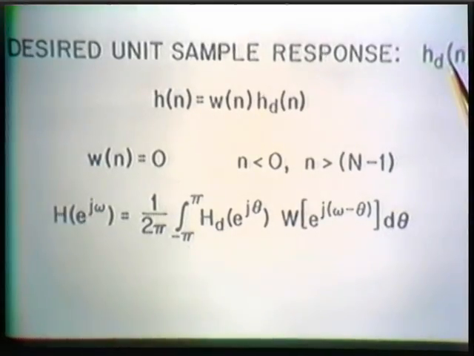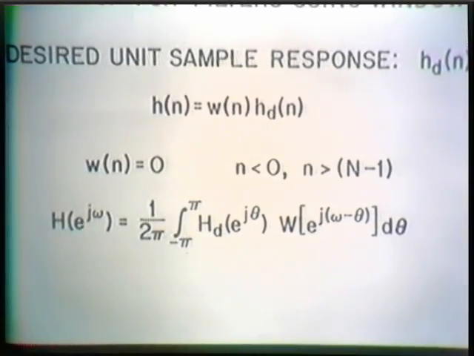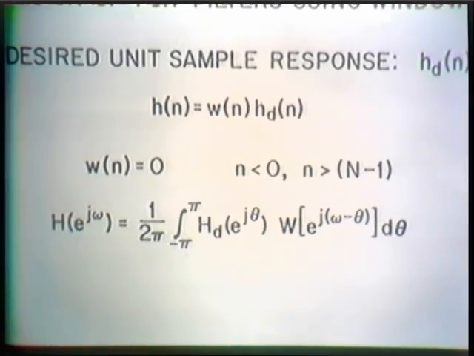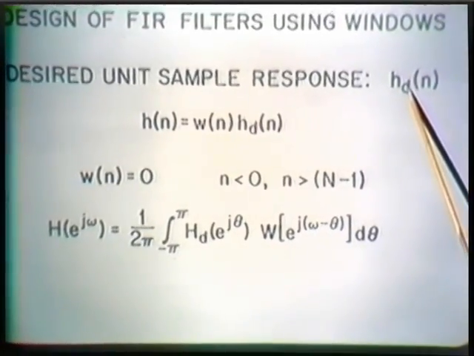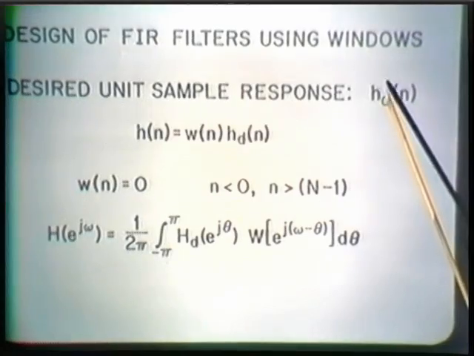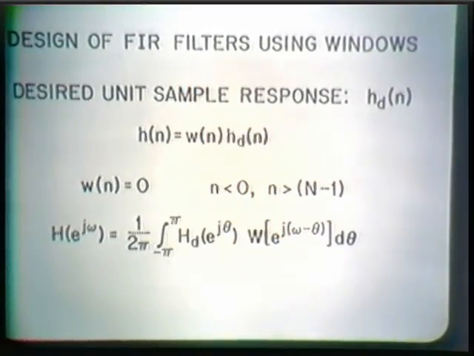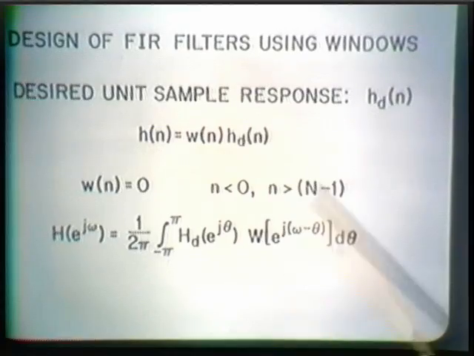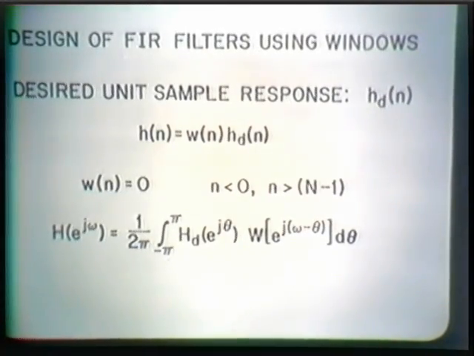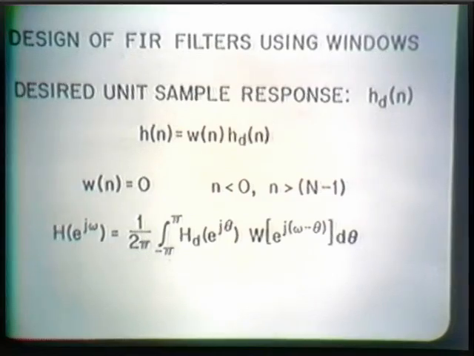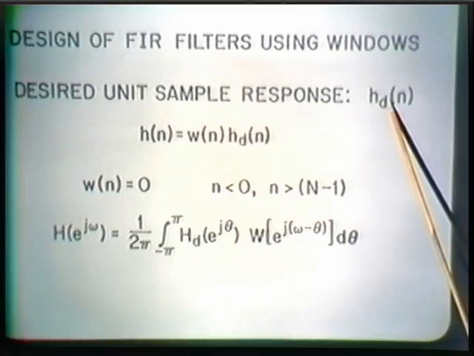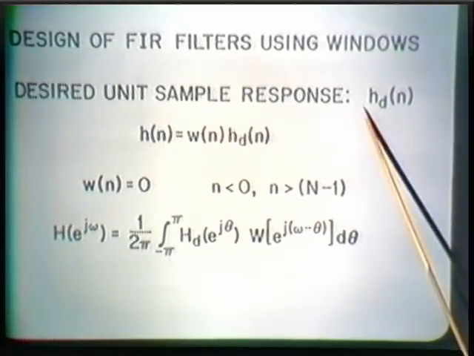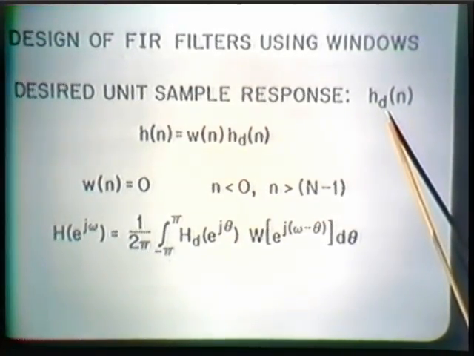Now, as you know, the unit sample response of an ideal low-pass filter has a sine x over x type of envelope. In particular, the important characteristic is that it extends from minus infinity to plus infinity. So, in fact, it doesn't correspond to a finite impulse response filter, but we could imagine obtaining the unit sample response of an FIR filter by perhaps truncating this infinitely long unit sample response so that we retain only the values in the interval from 0 to capital N minus 1.